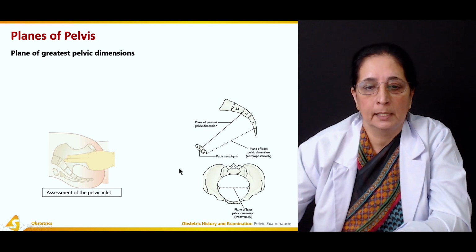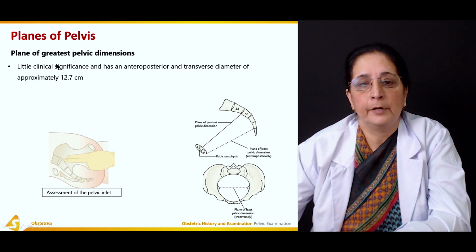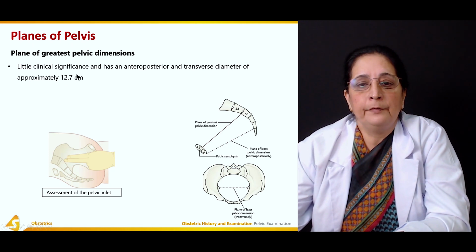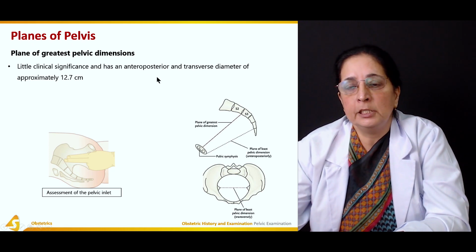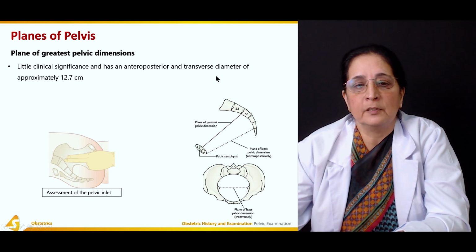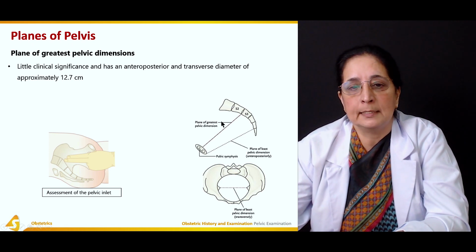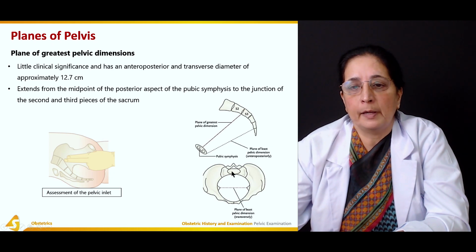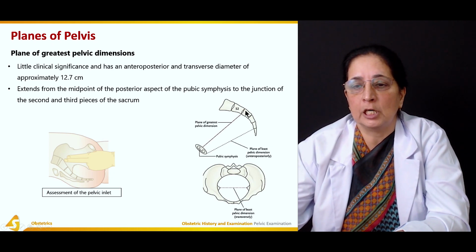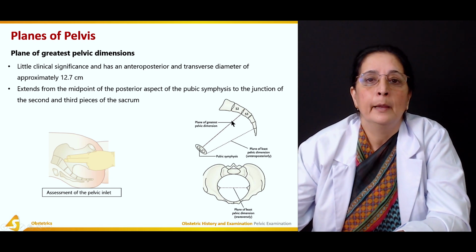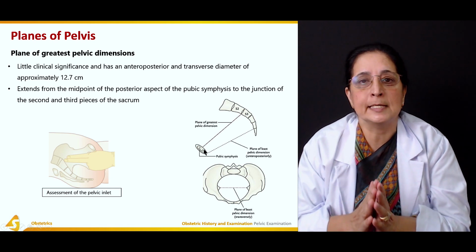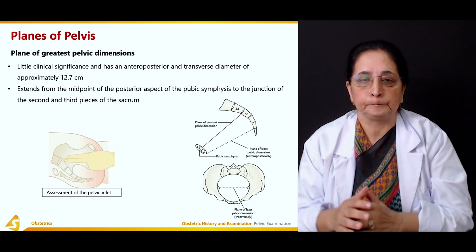So this is the plane of greatest pelvic dimension, little clinical significance, and has an anterior-posterior and transverse diameter of 12.7, and extends from midpoint of pubic symphysis to the junction of second and third piece of the sacrum. This is the plane of greatest pelvic dimension.